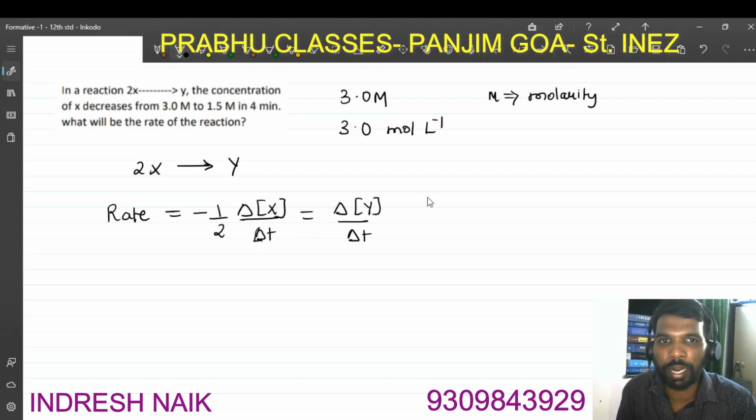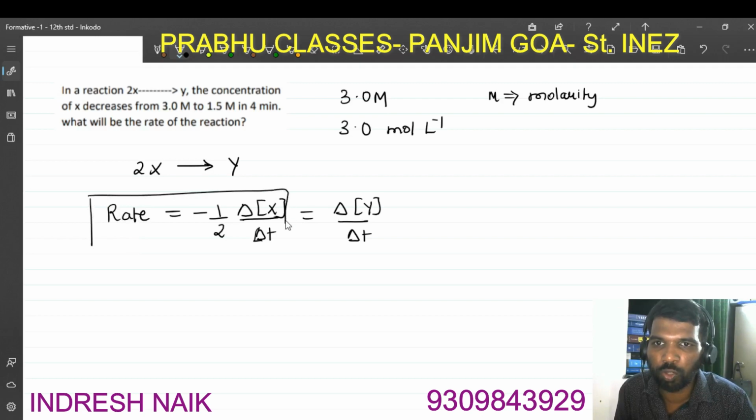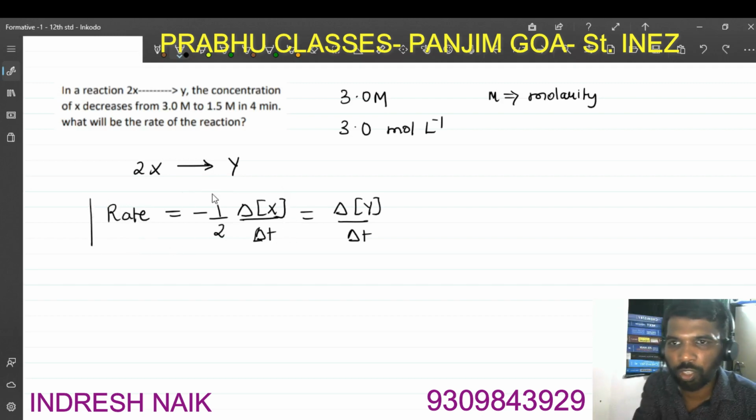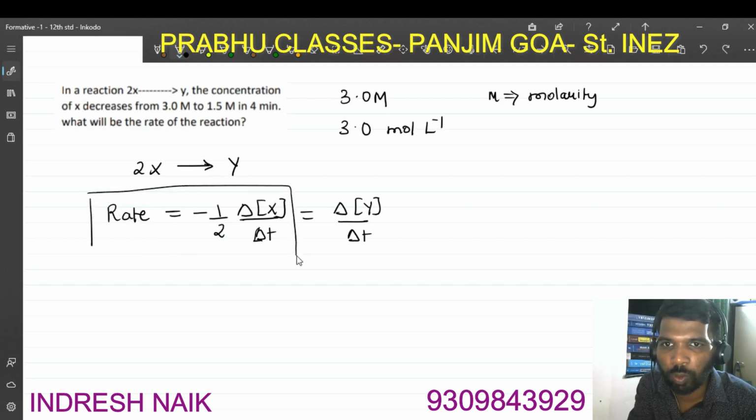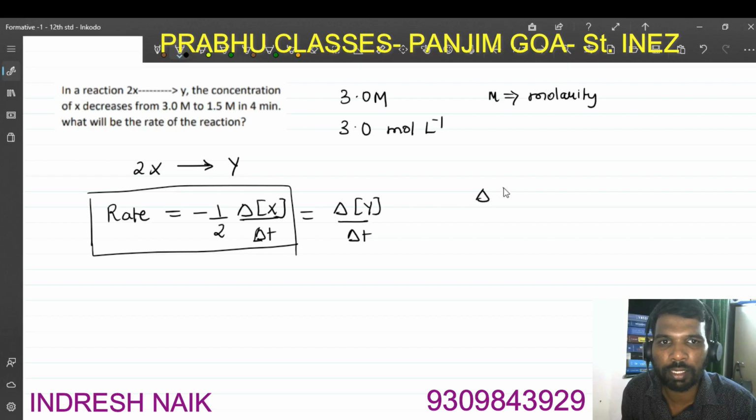Now what is delta x? We'll relate only this, because we know the change in concentration of x. Delta x is the concentration of x final minus the concentration of x initial.